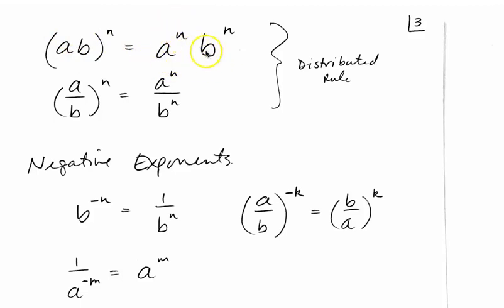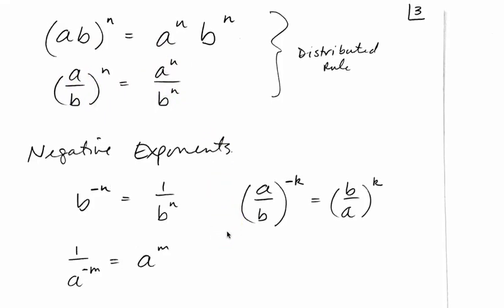So it's like a to the n times b to the n. If it were a fraction in there, the same thing would occur. The n would distribute. You'd have a to the n in the numerator and b to the n in the denominator.